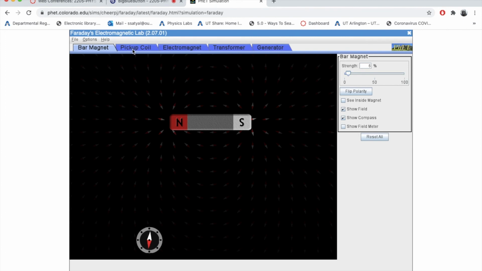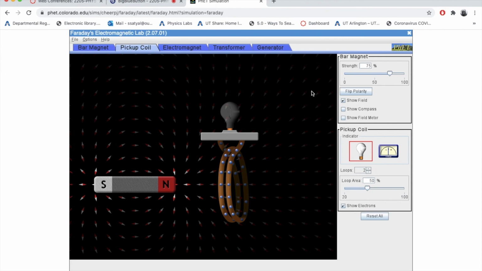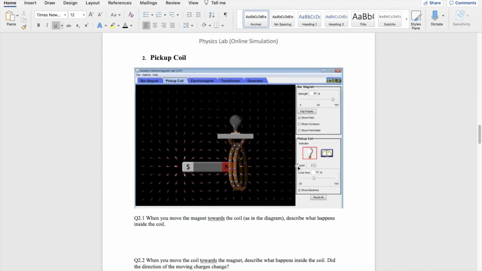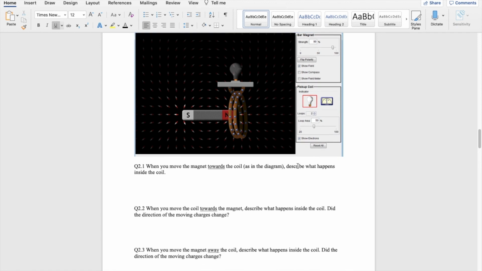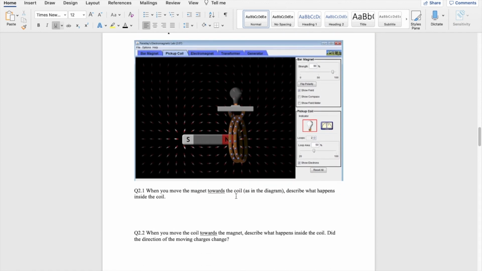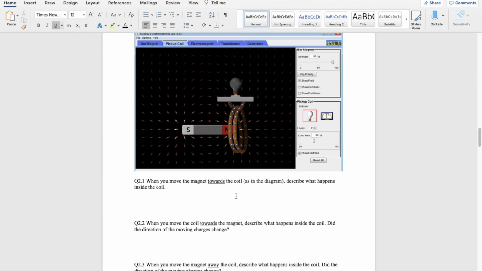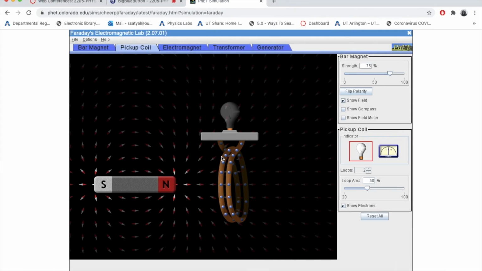And so once you do the magnet, the next one is the pickup coil. It's a simple electromagnet coil, and here we can do a few experiments that we studied today in the theory part. So we can leave the strength at 75%, or let's start at 100%.